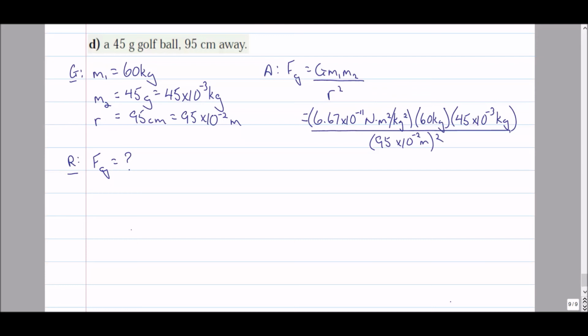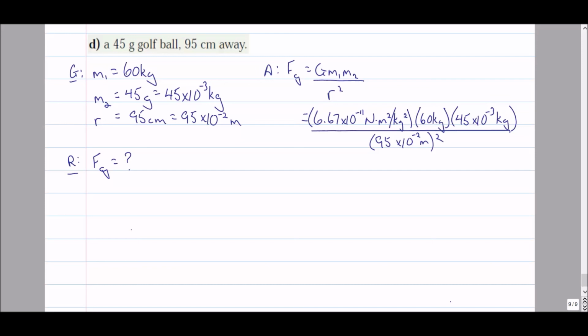The second mass is 45 grams, but we've got to remember our SI unit is kilograms, so we have to convert that to kilograms. I know that a kilogram is 10 to the power of 3 grams, so I'll divide by 10 to the power of 3, or multiply by 10 to the power of minus 3, to get that from grams to kilograms. And last but not least, the separation distance, so that 95 centimeters is 95 times 10 to the power of minus 2 meters.